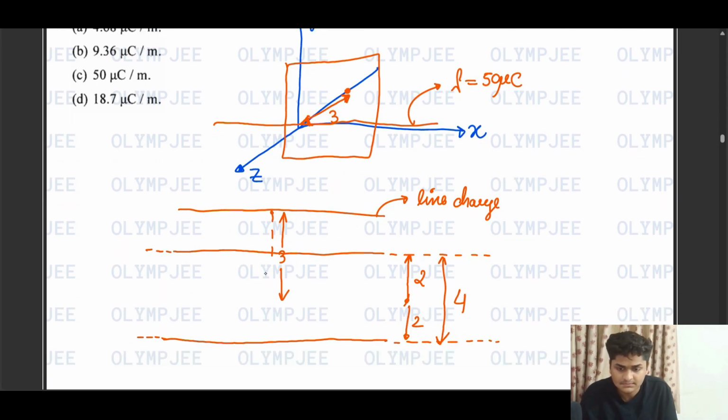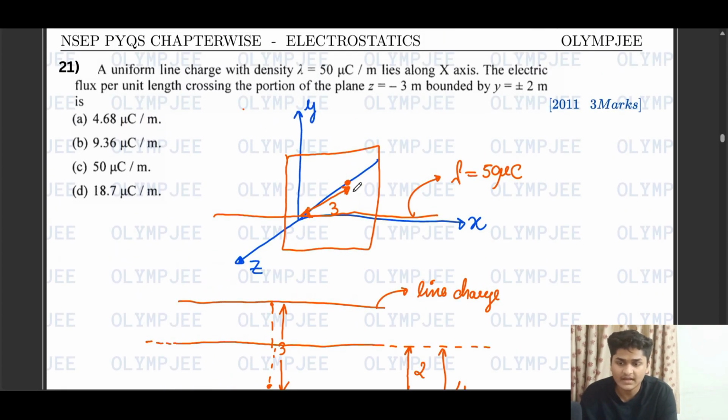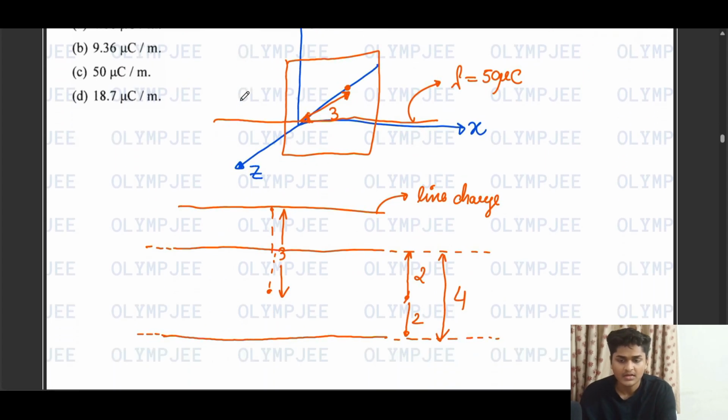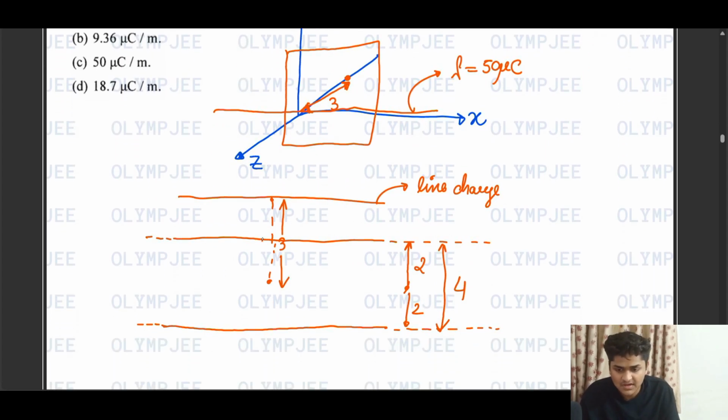So we need to find the electric flux per unit length crossing the portion of the plane. So per unit length means that we have to take this kind of unit length here, and we need to find the flux due to this line charge.